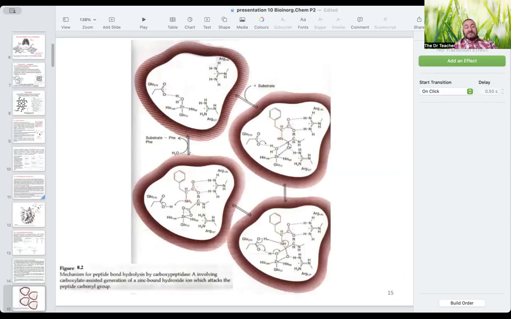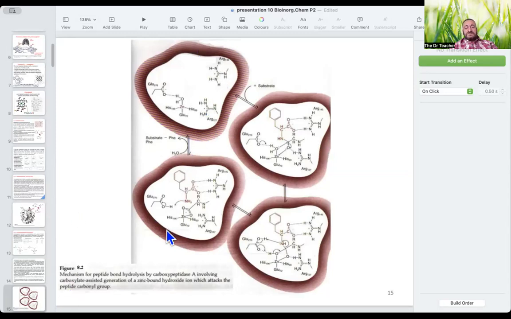So here is the drawing of what's happening, how you introduce substrates and then change coordination, changing structures, introducing water and the substrate with the phenyl group, and then you can find the structure from the beginning.